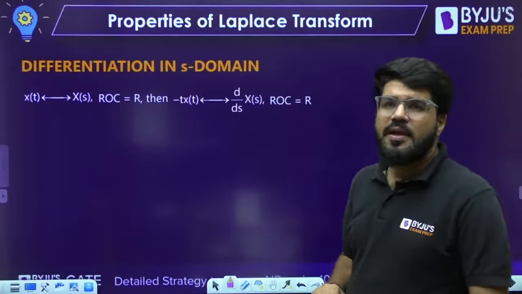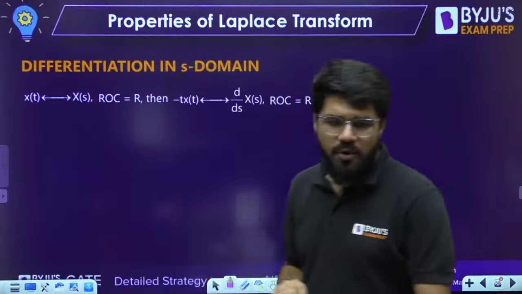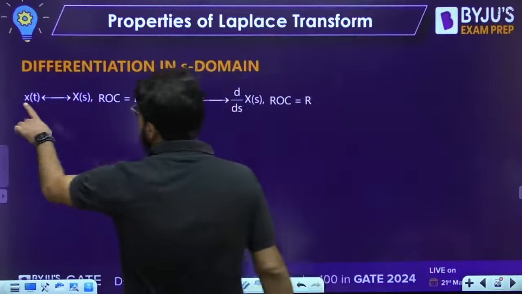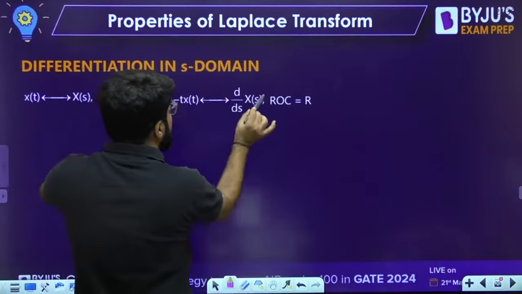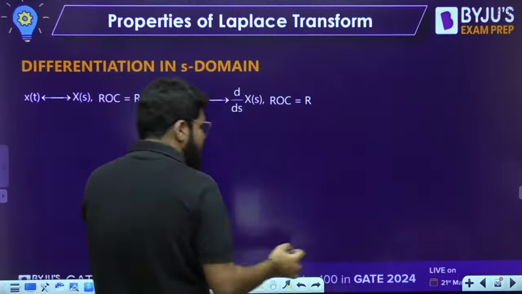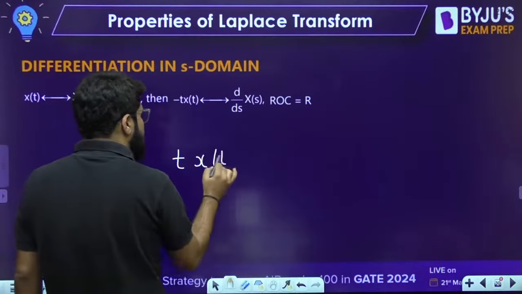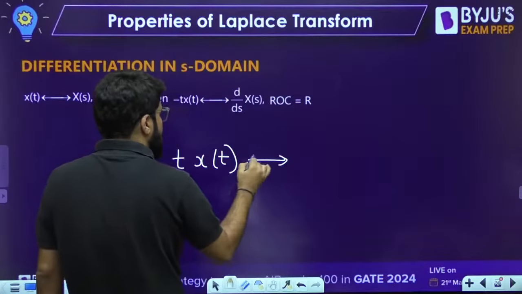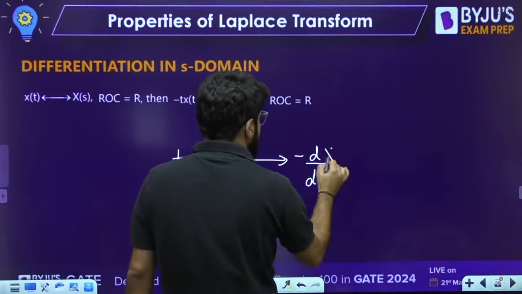One more important result, differentiation in the s domain. If x(t) has the Laplace transform X(s), then minus t x(t) will have the Laplace transform d by ds of X(s). Or we can write this property as: the Laplace transform of t x(t) will be minus d by ds of X(s).